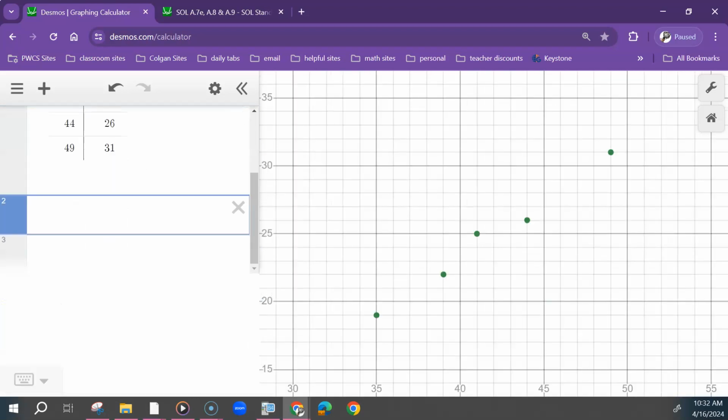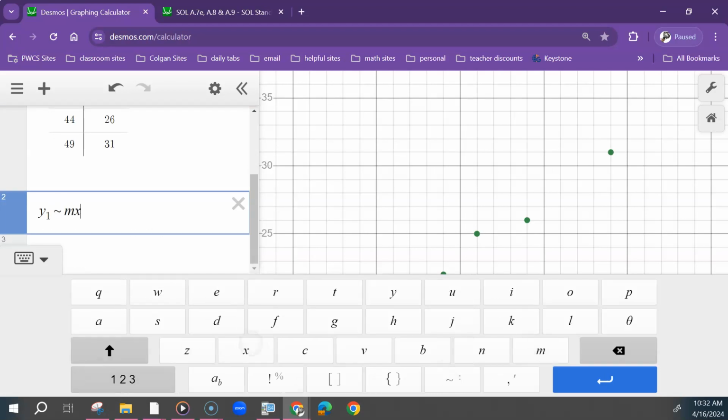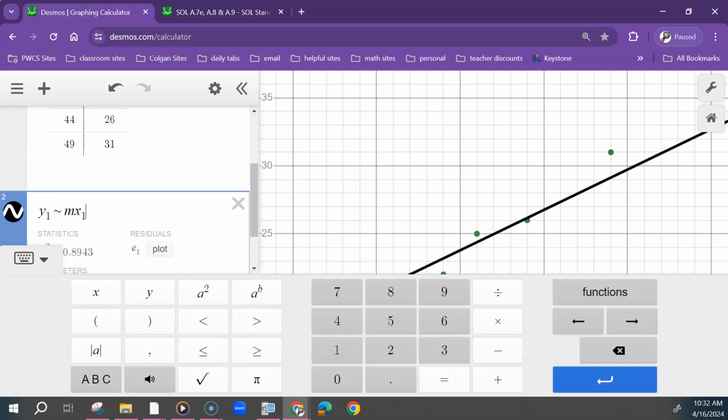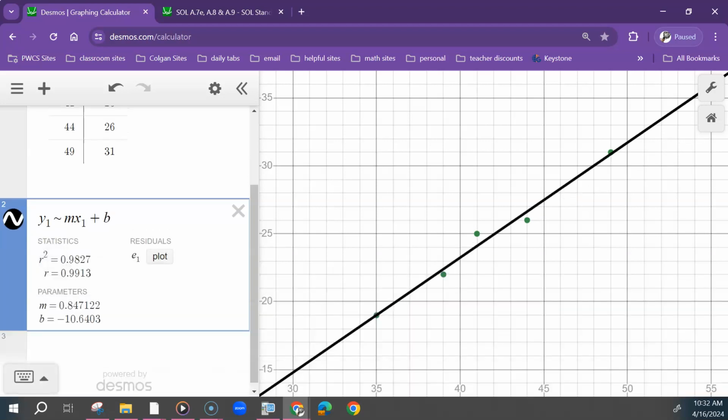And then if you type in your y1 tilde mx1 plus b, you would get your line of best fit and use 3 decimals. So y equals 0.847x minus 10.640.